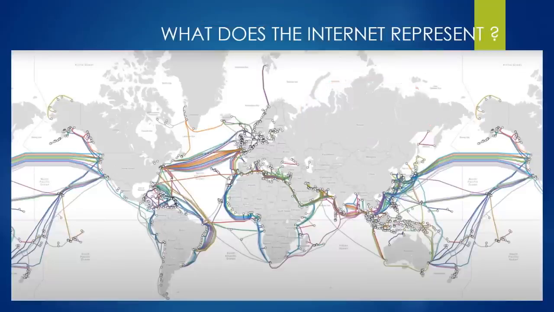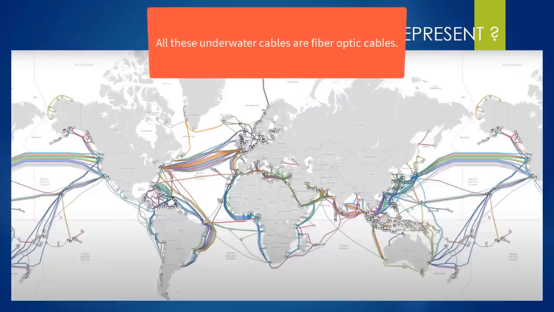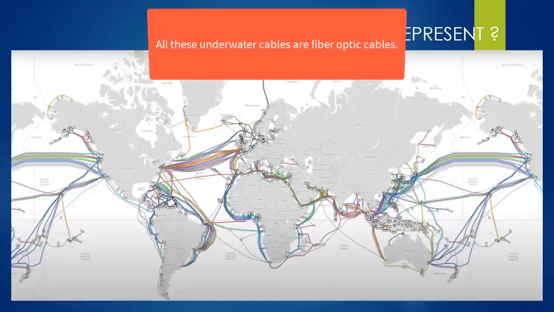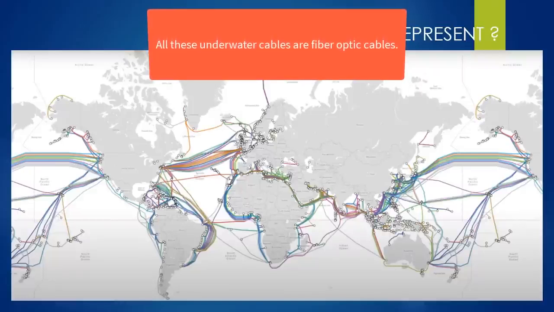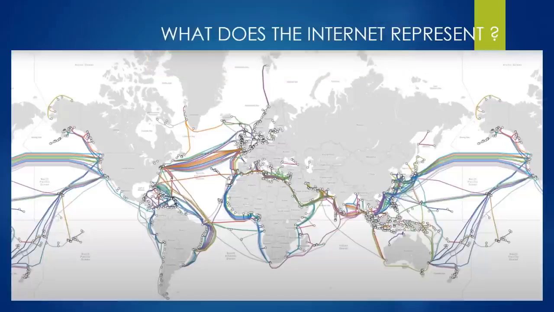Also note that all of these cables under water are fiber optic cables, because the fastest data transmission cable type is fiber optic, and intercontinental data transmission must occur at the highest speed, right?